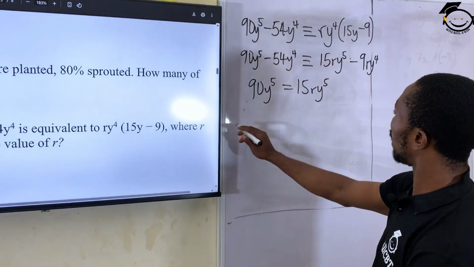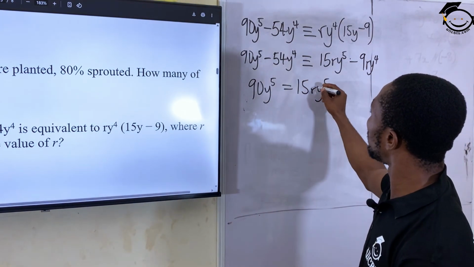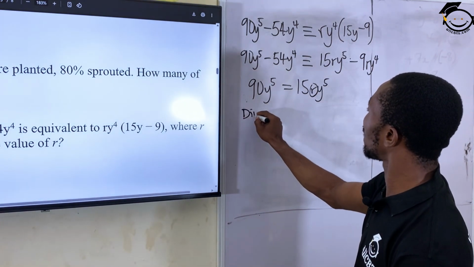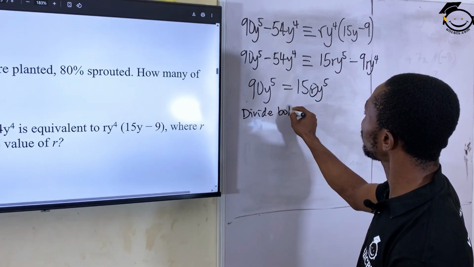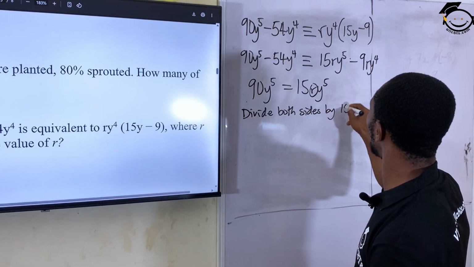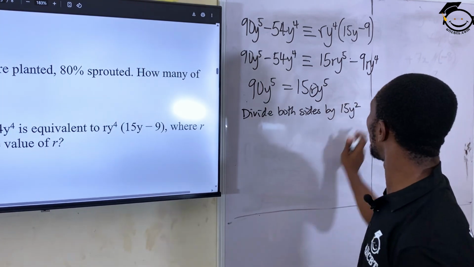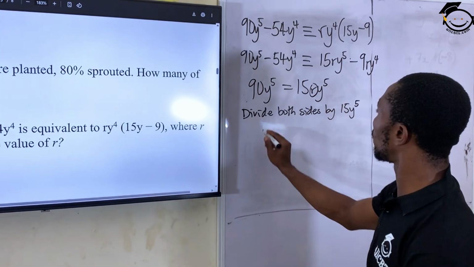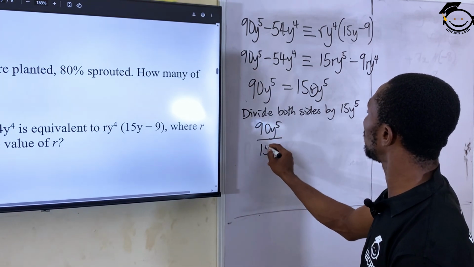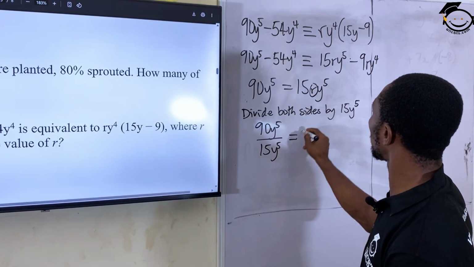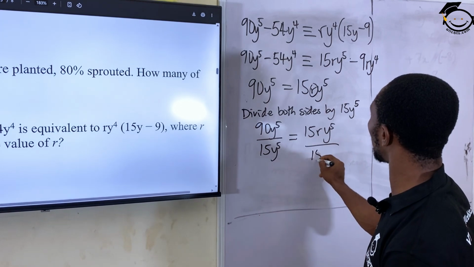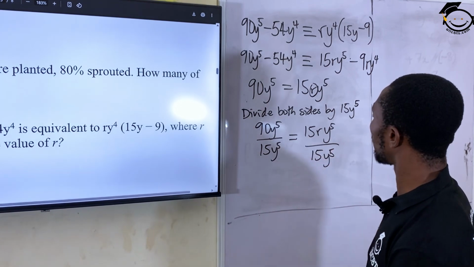Now, making r our subject of formula, we divide both sides by 15y raised to power 5. This will become 90y raised to power 5 all over 15y raised to power 5 equals 15r y raised to power 5 all over 15y raised to power 5.